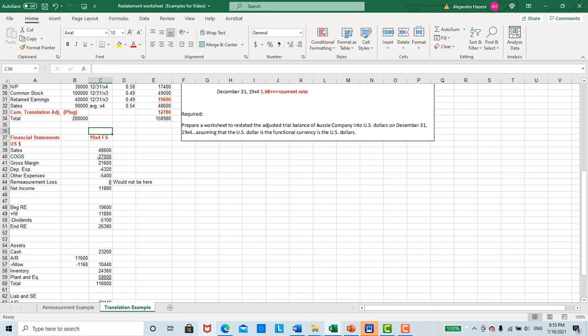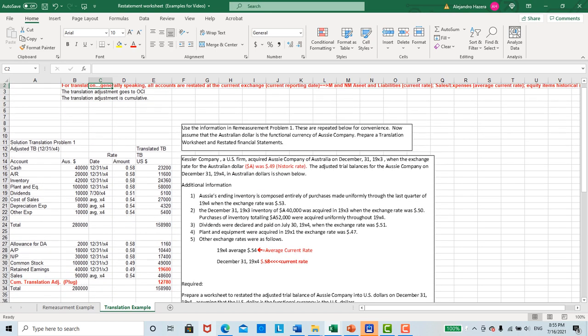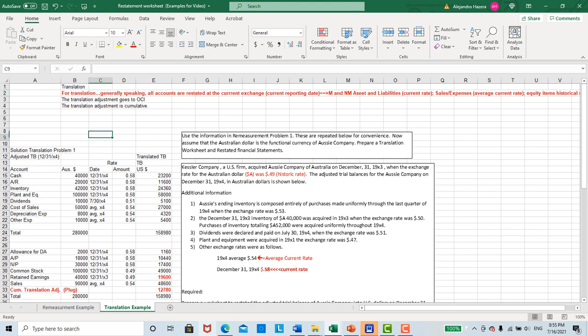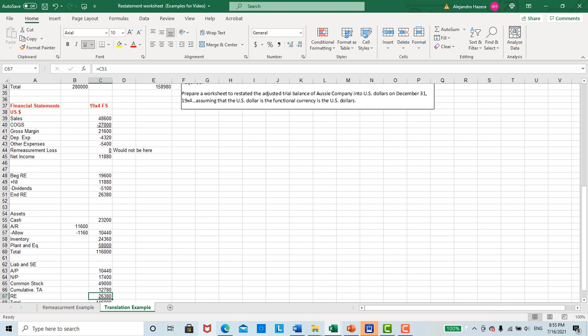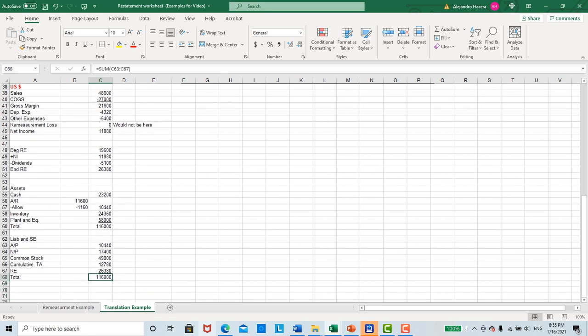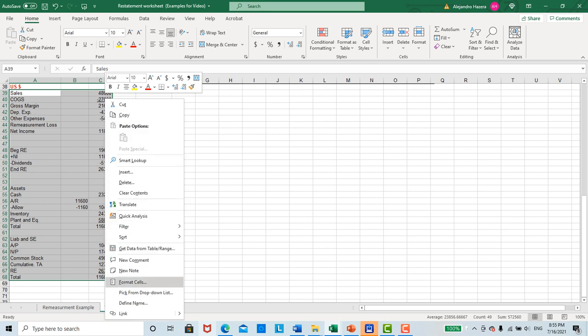And translation, the rates: basically, current rate for all assets and liabilities, average rate for revenues and expenses, and historic rate for equity items.